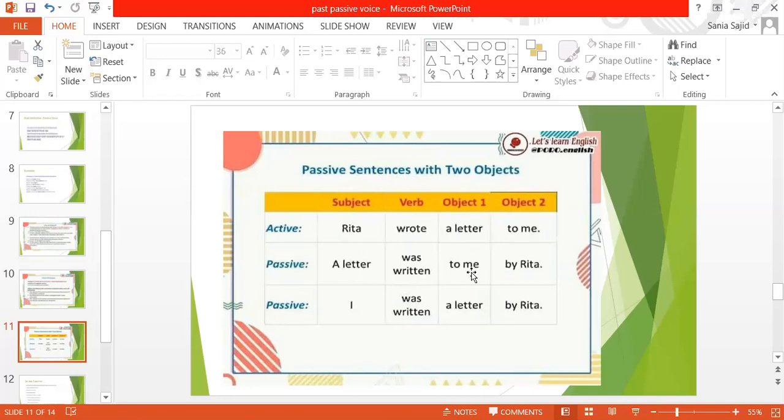To me remains the same. A letter comes first, as we normally use the object as the subject, and we put the helping verb was and the third form of the verb, written. Rita becomes the object of the passive voice, and we can change the sentence in the same way.